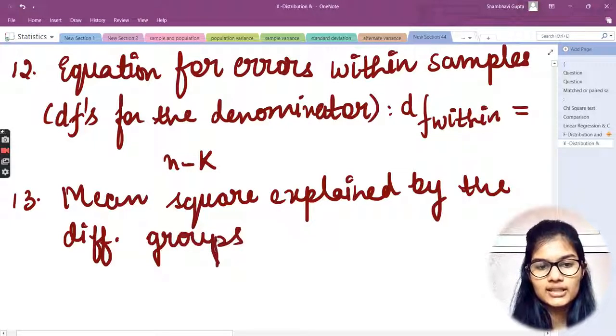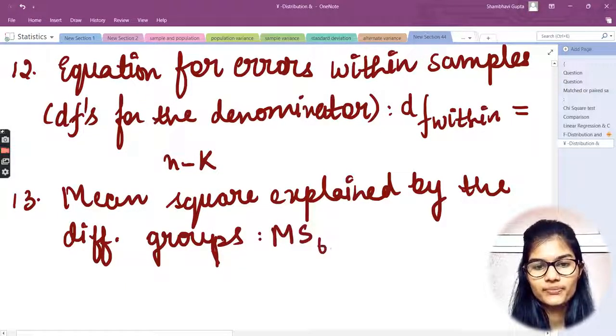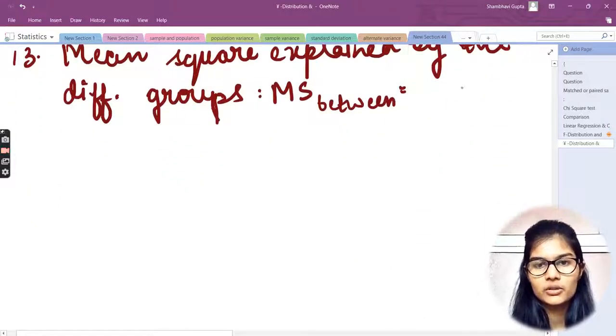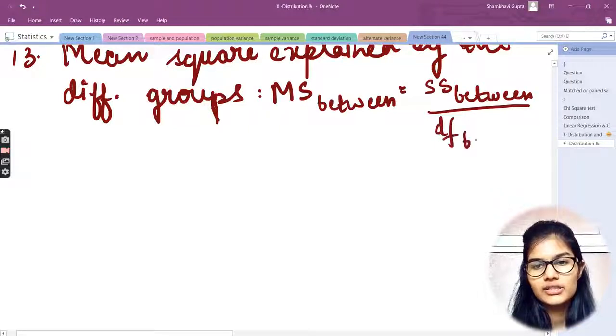Now into that we have MS between, with between written below, and that is equal to SS between divided by DF between.